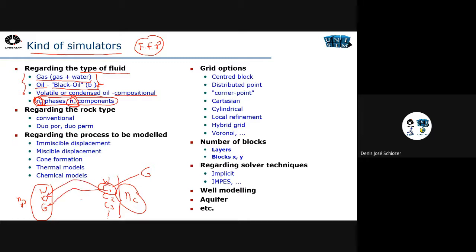Depending on the temperature and pressure, it can be in the oil phase or the gas phase. So we want to mimic this behavior. If we have a light oil like we have in the pre-salt, this behavior has to be modeled in detail.